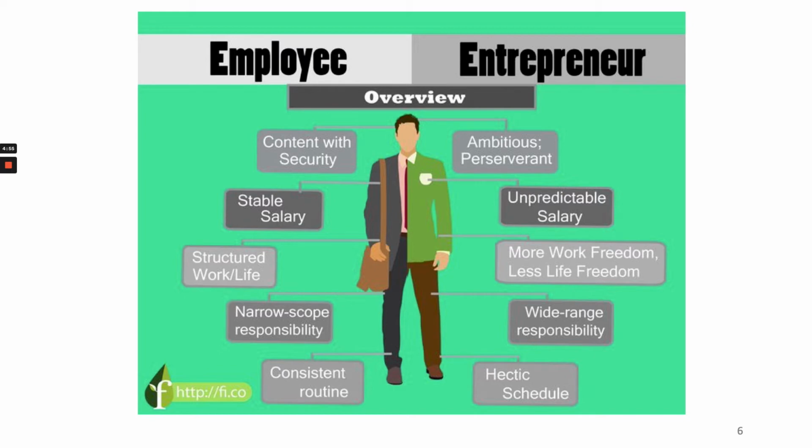So in general, when you are an entrepreneur, you should be ambitious and perseverant. You have an unpredictable salary. One month you have a lot, another month you can have half. So it's unpredictable. But you have more work freedom, but less life freedom.